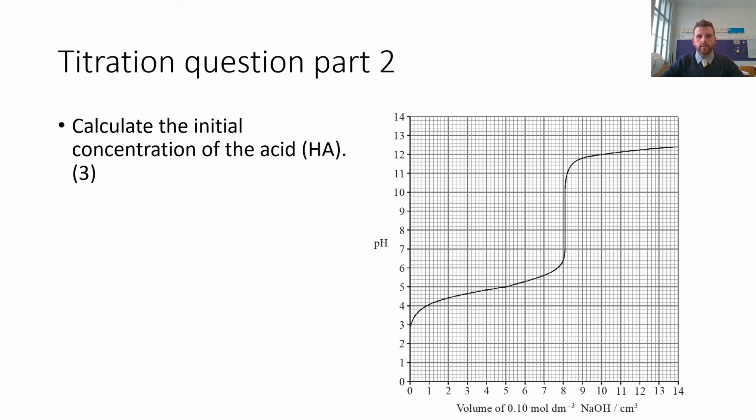All right, calculate the initial concentration of the acid. So we got to figure out how much volume. I'm going to write out the theory before you see me struggle with the graph.